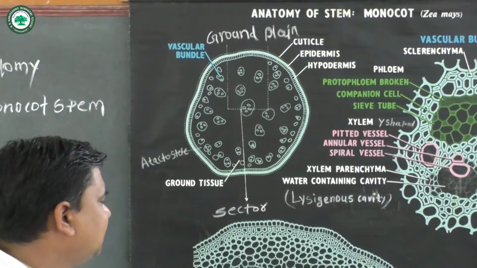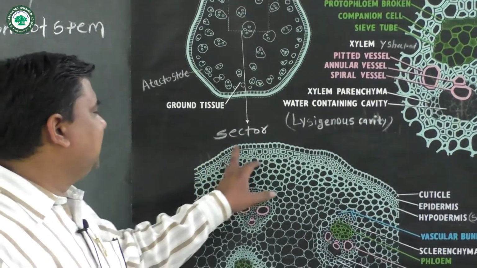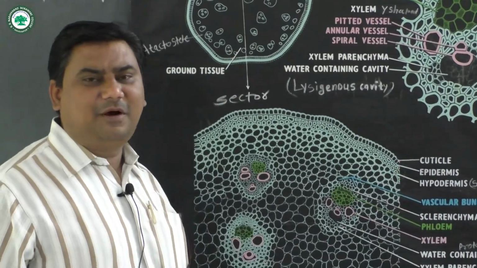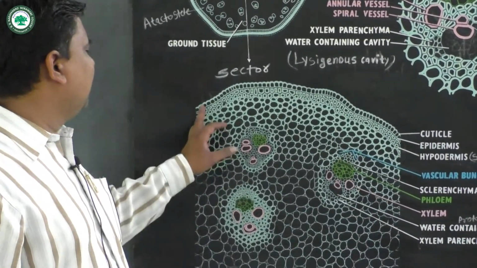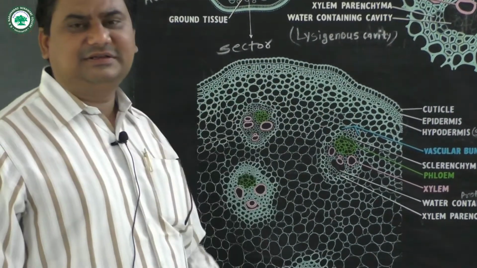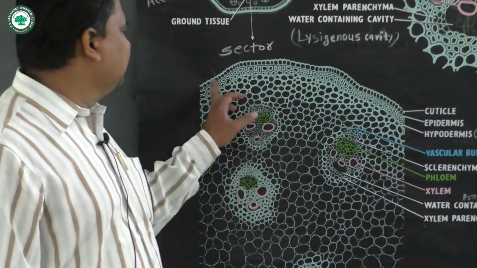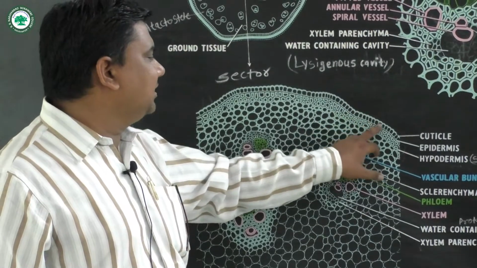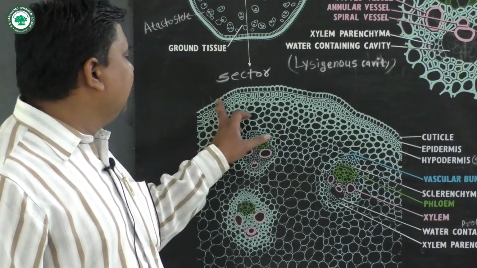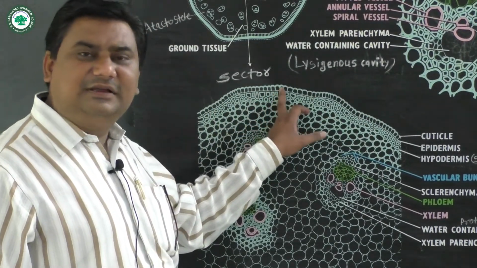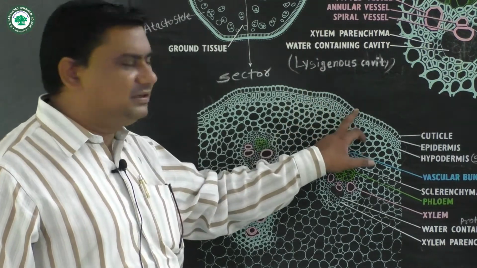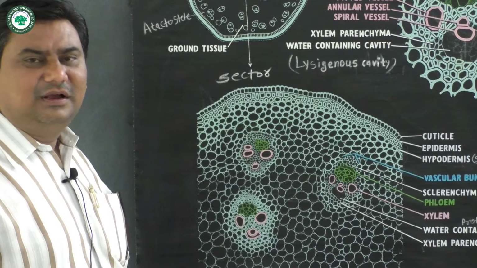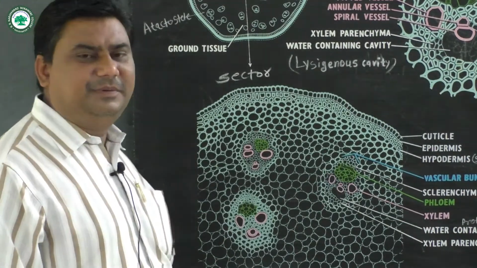Here the epidermis is the outermost layer, and it is made up of parenchymatous cells. The cells of the epidermis are compactly arranged. There is no intercellular space in the epidermis.